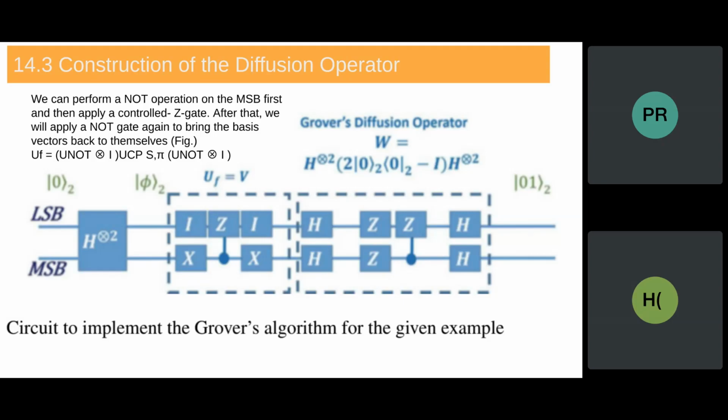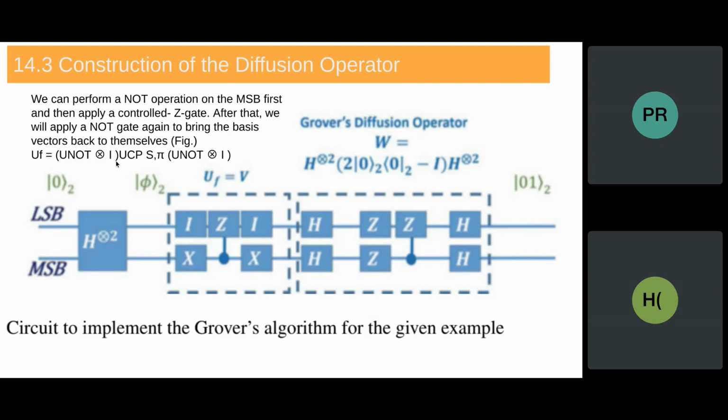This is a tensor operation. So U naught of I. And then you have a CPS, control phase shift.